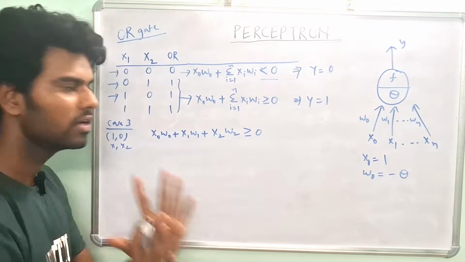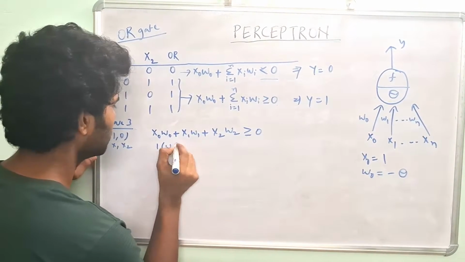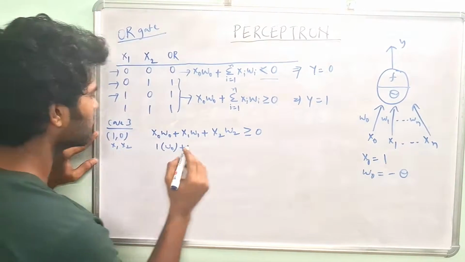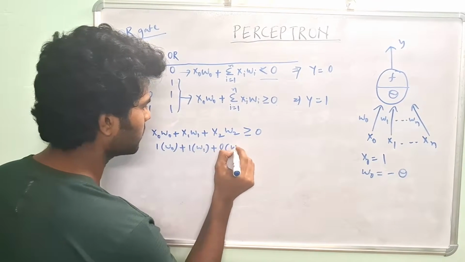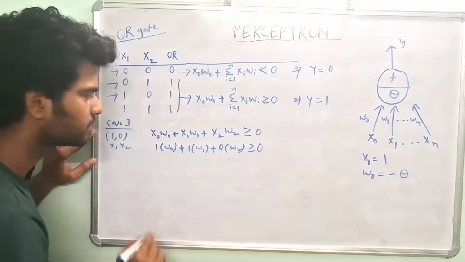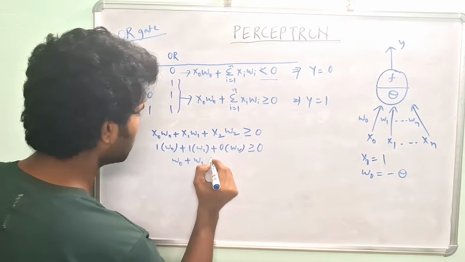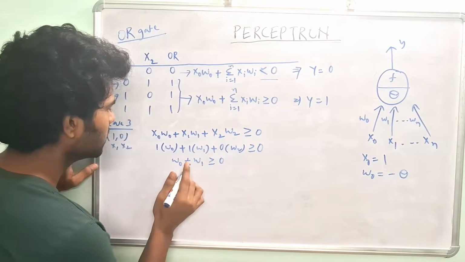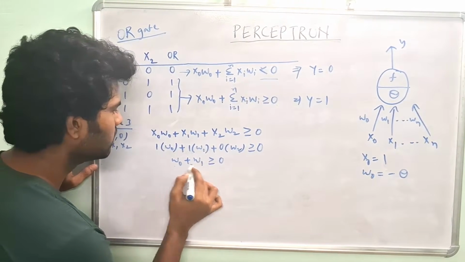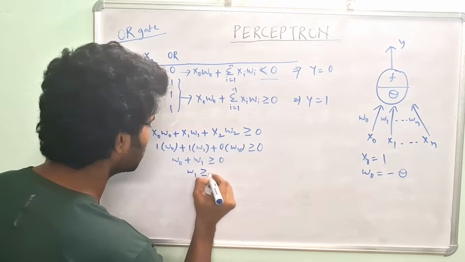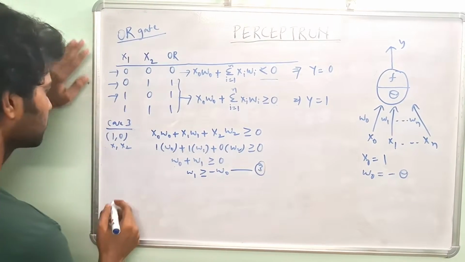Just substitute input values only. x0 is 1, w0 plus x1 here is 1, w1 plus x2 0, w2 ≥ 0. Here w0 + w1 ≥ 0. Just send w0 to the RHS side, w1 ≥ -w0. This is the third equation.